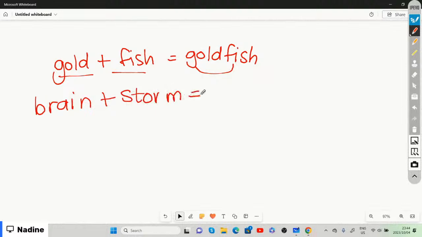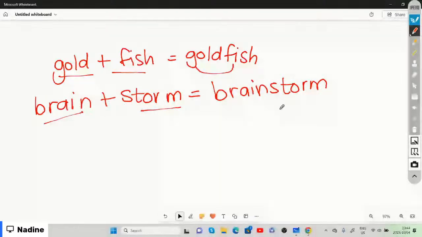Yes, brain plus storm. It is brainstorm. Well done, and thank you for that. Another word that we can think of, right? Two smaller words that we put together and we form our compound word. So brainstorm, well done for that word.